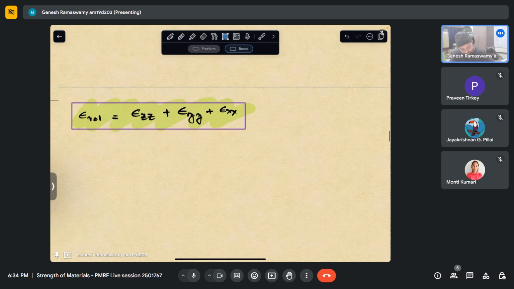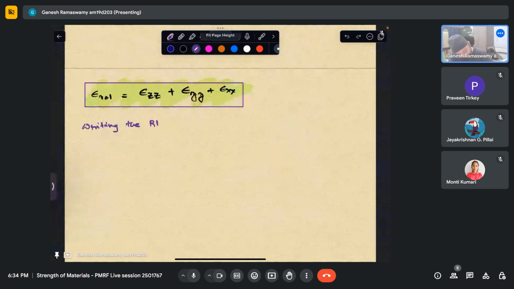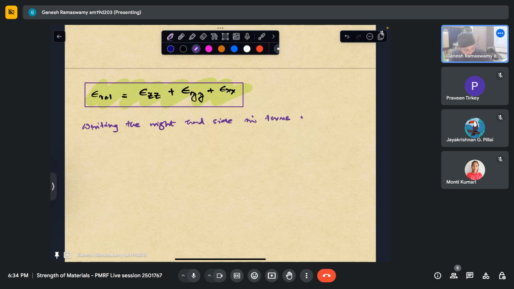Now writing the right hand side in terms of stresses.